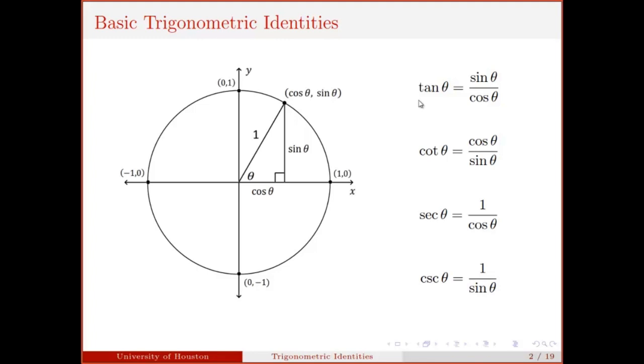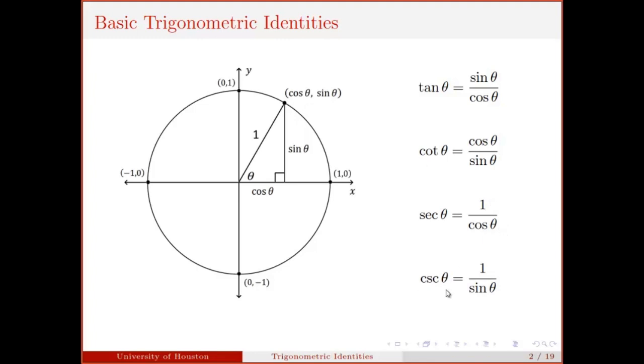Specifically, tangent of theta, which is y over x, is equal to sine theta over cosine theta. Cotangent theta, which is equal to x over y, is equal to cosine theta divided by sine theta. Secant theta, which is equal to 1 over x, is equal to 1 over cosine theta.